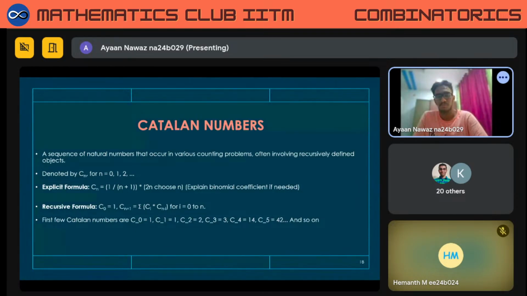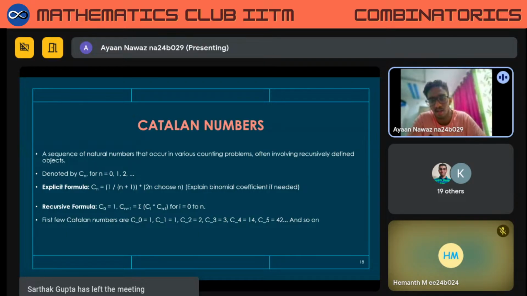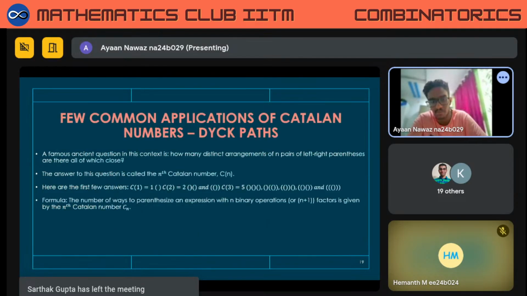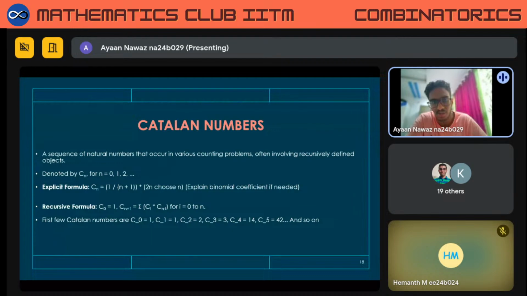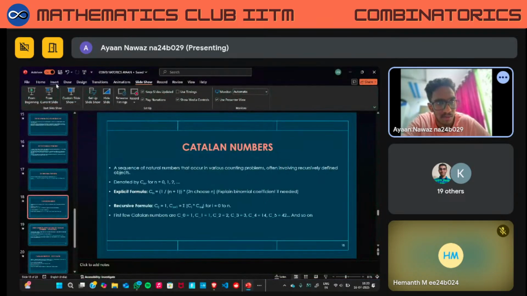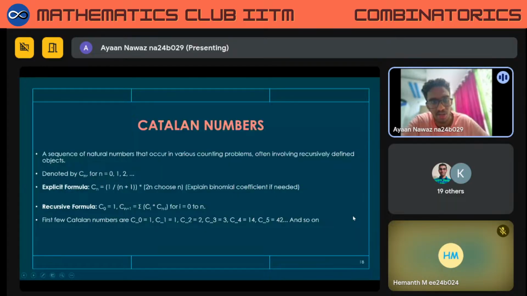Catalan numbers. If you do not know Catalan numbers, it's a good time to learn them. They are a sequence of natural numbers that occur in various counting problems, often involving recursively defined objects, denoted by Cn for n equal to 0, 1, 2, and so on.